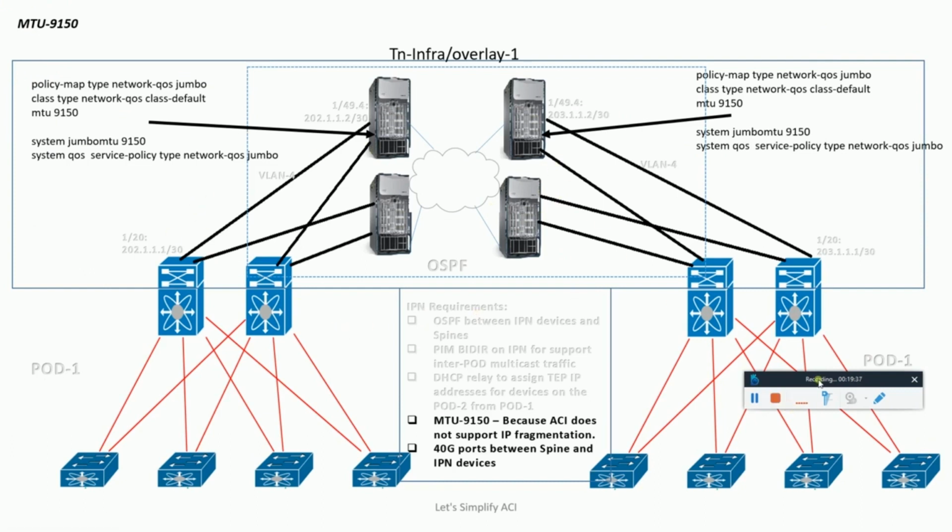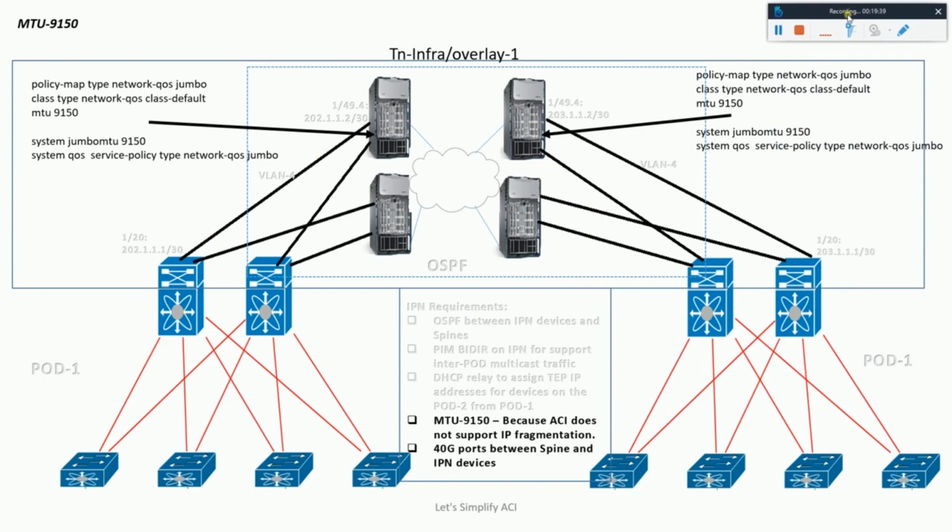After a complete multipod setup, you can refer to an analogy saying that these IPN devices are the new spines of this complete setup, and this one pod is 1 leaf, the other pod is 2 leaf. So it's kind of a virtual ACI kind of a setup.